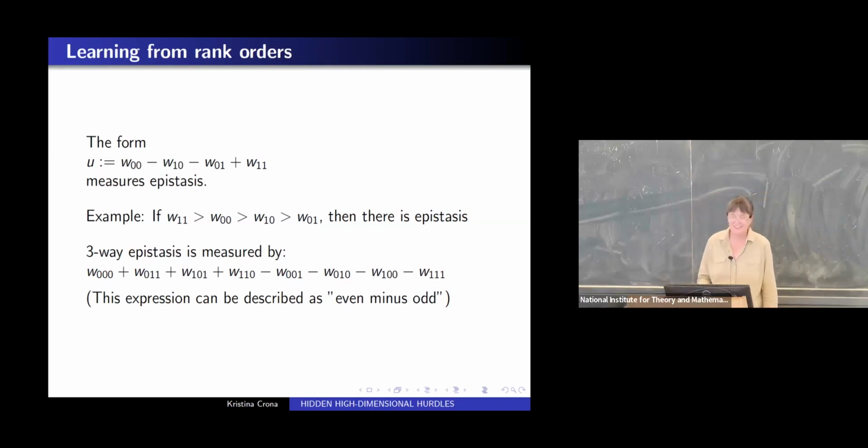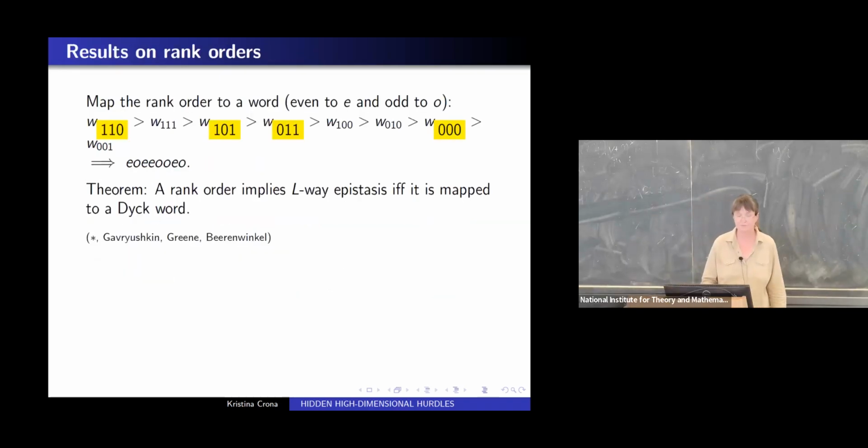Okay, seemingly not. Three-way epistasis is measured by the form we have here, where you can think of this as even minus odd. All labels that are even have positive coefficients and the others have negative coefficients. Then it's also easy to see from a rank order, for example, that if all the even genotypes have higher fitness than all the odd genotypes, then I would infer a third-order interaction.